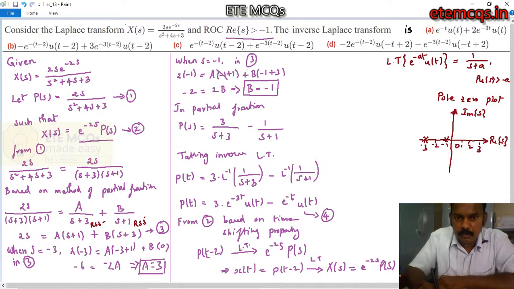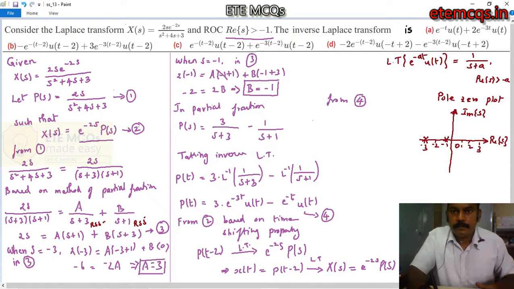So from 4, I can say that x of t is equal to p of t with t replaced by t minus 2. So I'll have 3 times e power minus 3 into t minus 2 into u of t minus 2. This is for the first term.